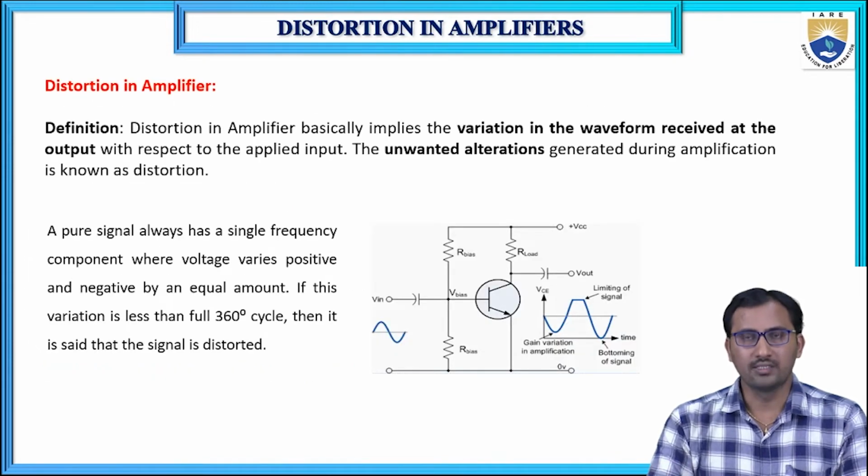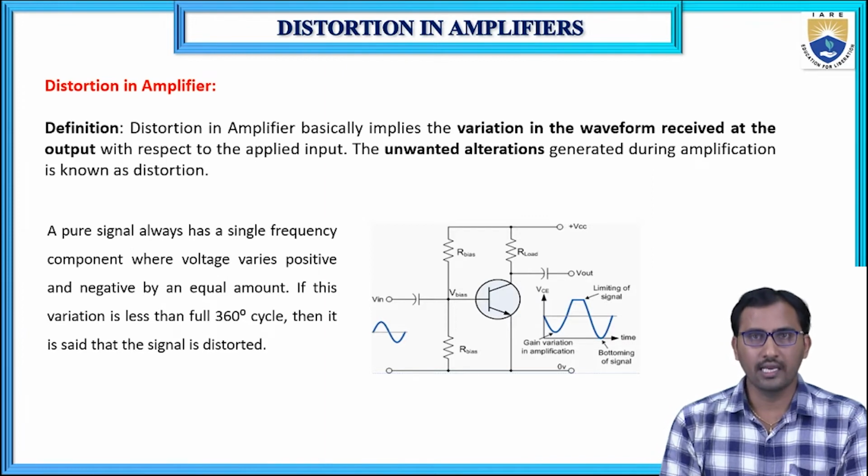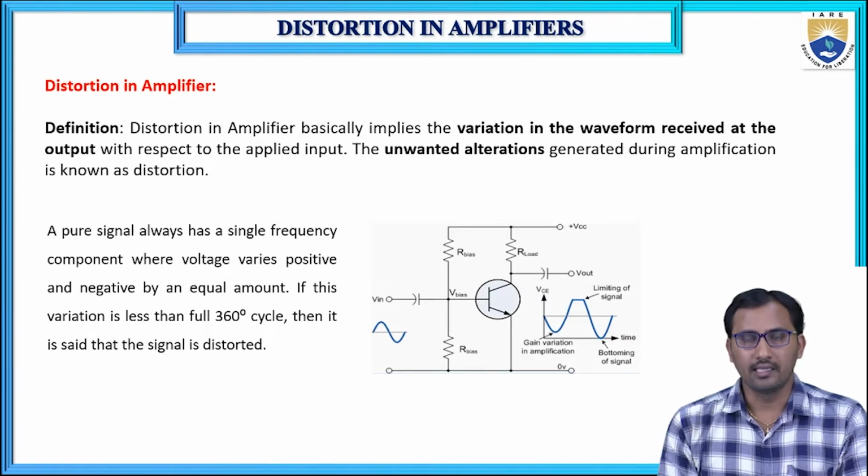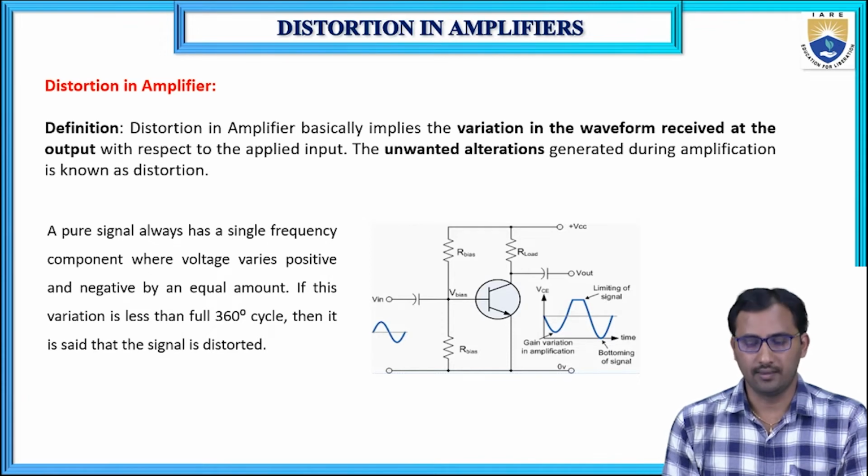So we will see what distortion is. The definition of distortion in an amplifier is basically the variation of the output waveform received at the output of the amplifier with respect to the input waveform applied.